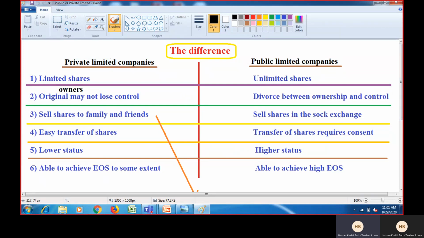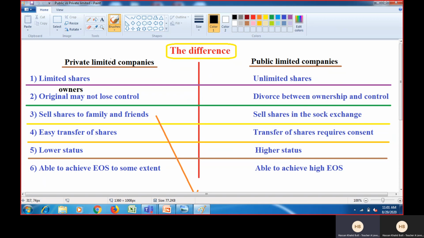The first point is that private limited companies can issue a limited amount of shares, and there is a restriction. They cannot go beyond that level. That means the size of the private limited company will be small compared to a public limited company. Why? Because in a public limited company, unlimited shares can be issued.